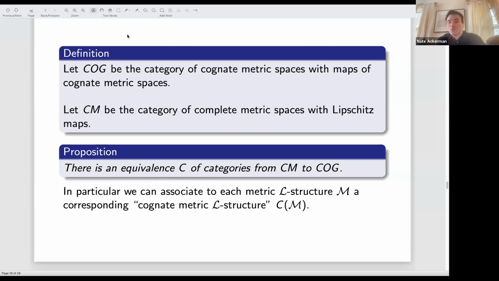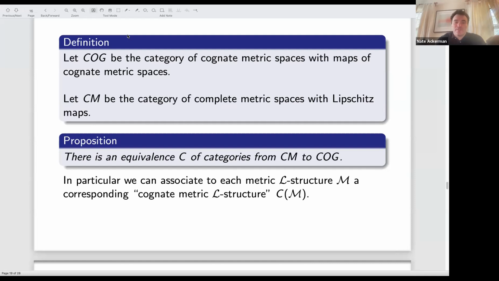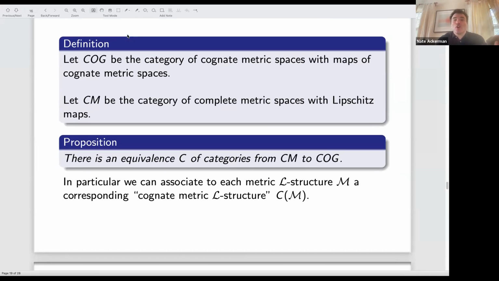And by the equivalence of categories, these are going to correspond exactly to continuous metric L structures. Okay. So this is the basic background: we now have a way to encode metric L structures via classical structures in a way that behaves the way we want it to.